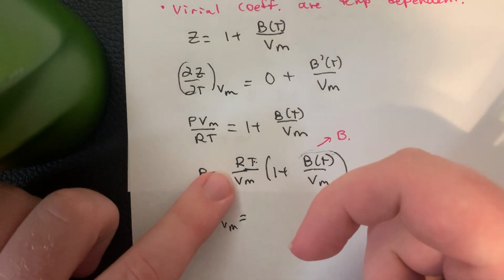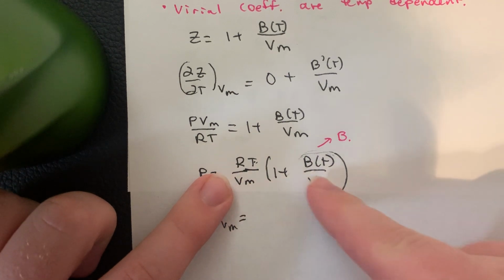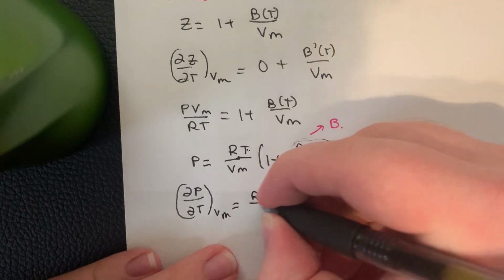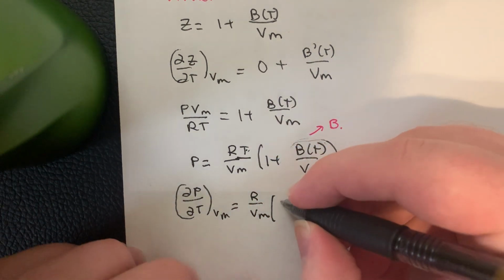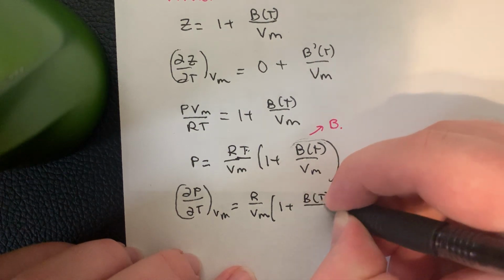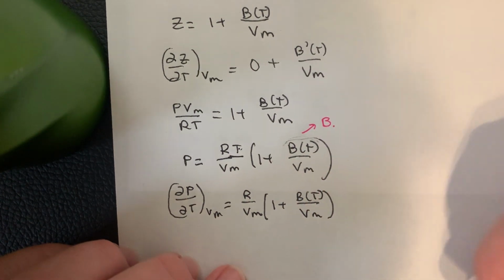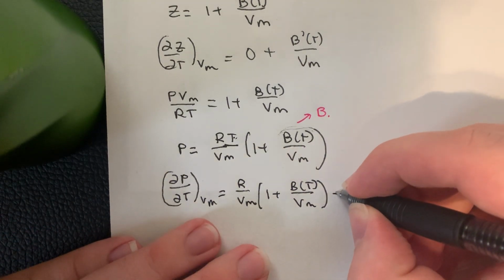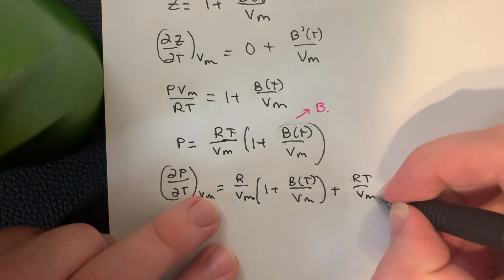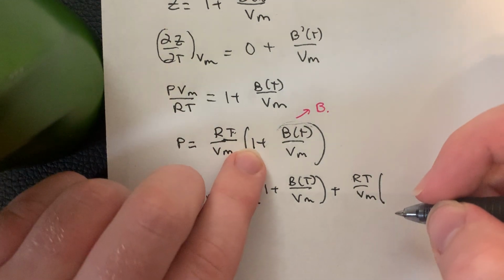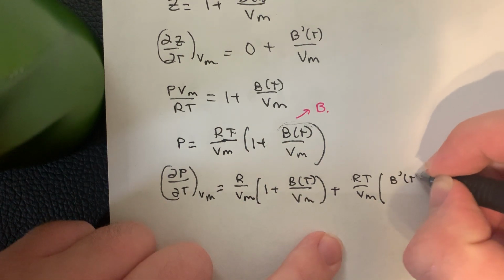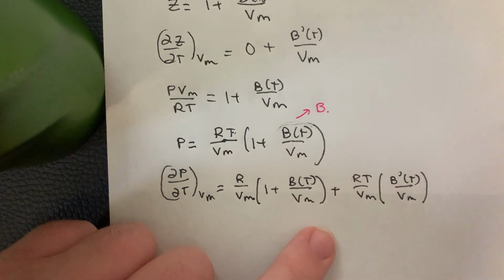So, the derivative of the first times the normal second. So we have R by Vm times 1 plus B of T over Vm, plus the regular first times the derivative of the second, that's 0, and that's going to be B prime of T over Vm.